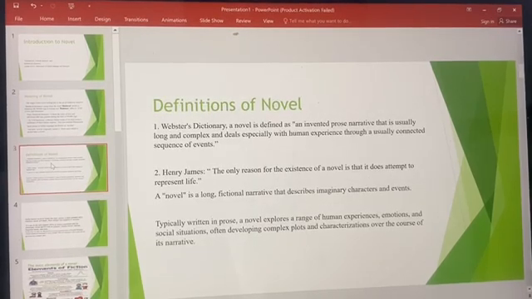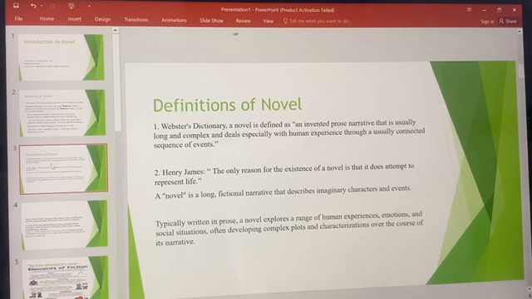Let's study definitions of novel. According to Webster Dictionary, a novel is defined as an invented prose narrative that is usually long and complex and deals especially with human experience through a usually connected sequence of events.